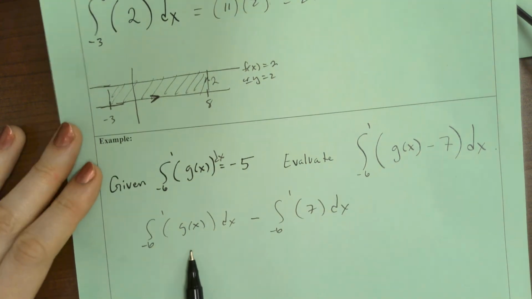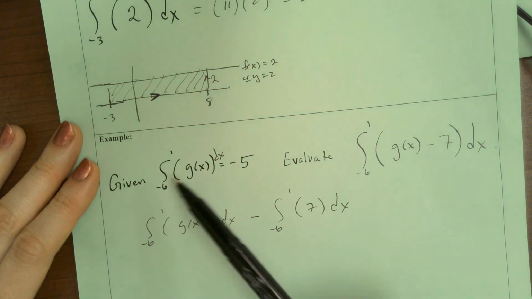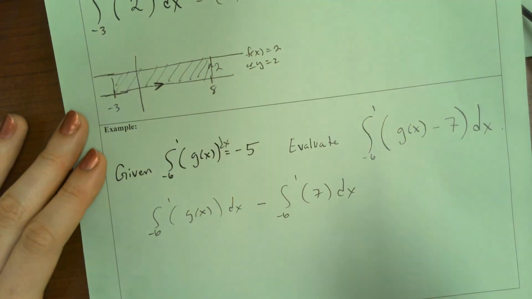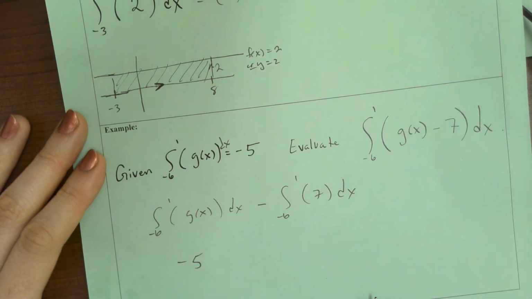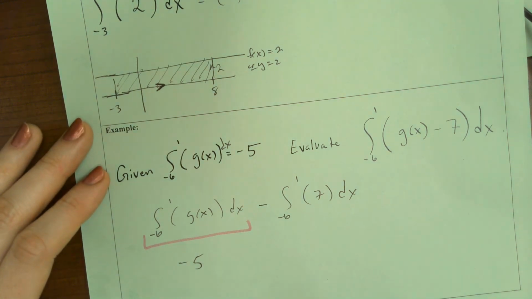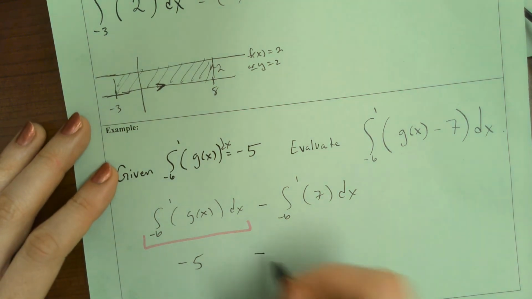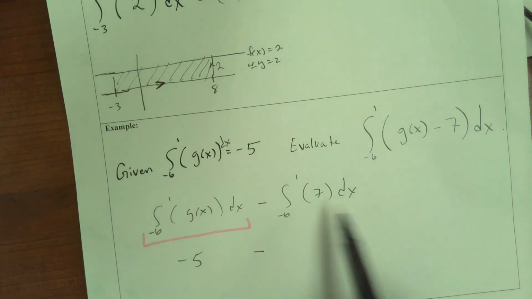All right, this one here, they already told me was -5, and it's going in the right direction. Forwards interval, that's -5. All right, so that whole thing is -5 right there. And then I'm going to be subtracting whatever I get when I figure this out, okay?